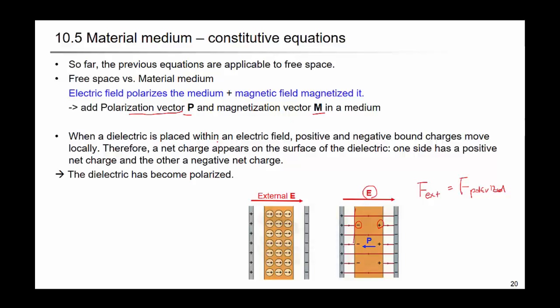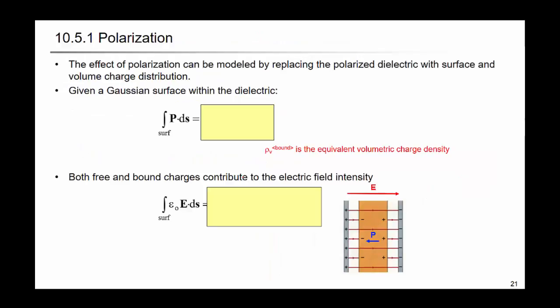a dielectric material is placed within an electric field, the positive and negative bound charges move locally. Therefore, a net charge appears on the surface of the dielectric. One side has a positive charge and the other side has a negative net charge. And this dielectric has become polarized, we call it. Then, how can we define the polarization?